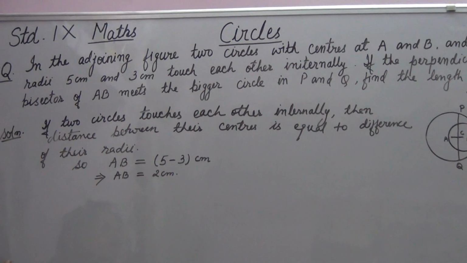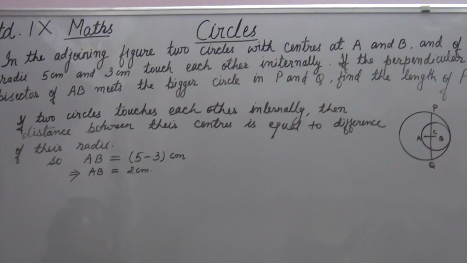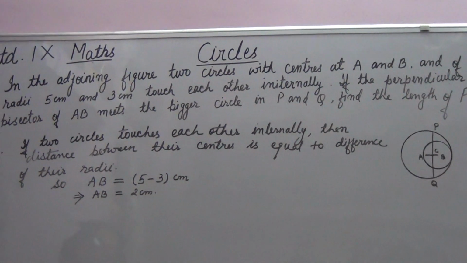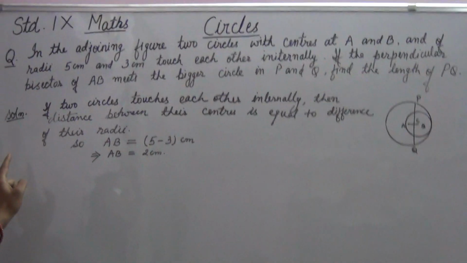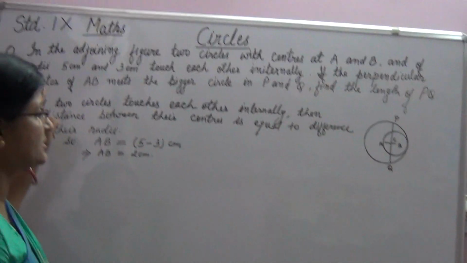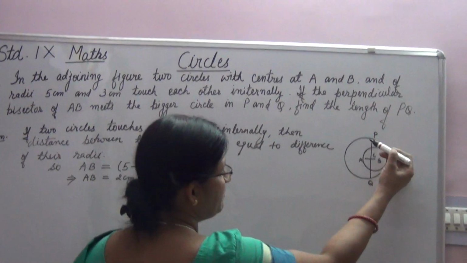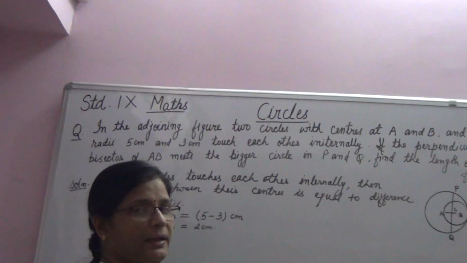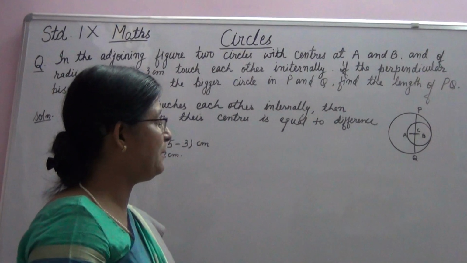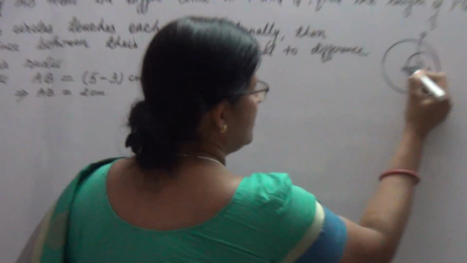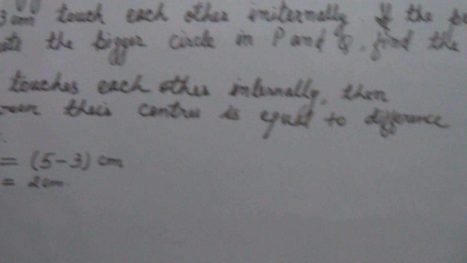Now here in this question we have to find the length of PQ, and it is already given that PQ is the perpendicular bisector of AB, that is PC.